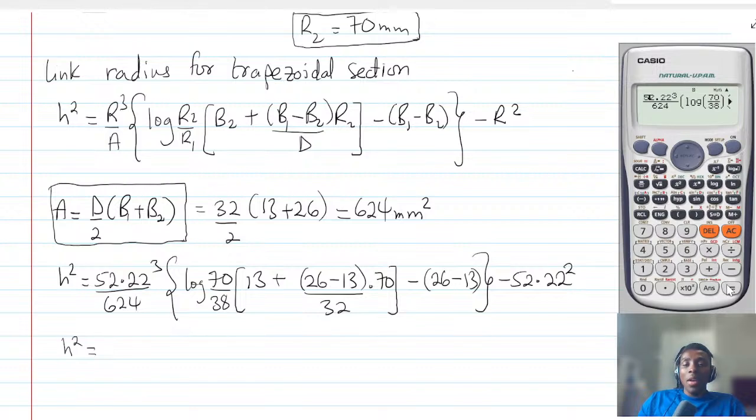Now if you do everything correct, I think there is a problem with this calculation, but whatever we have here is correct.